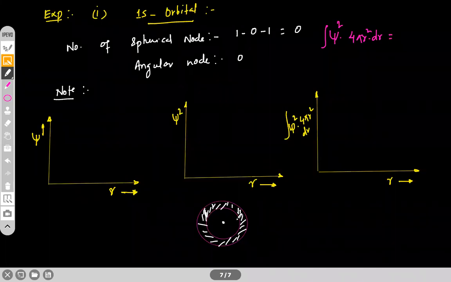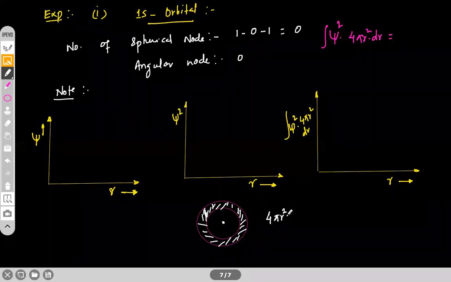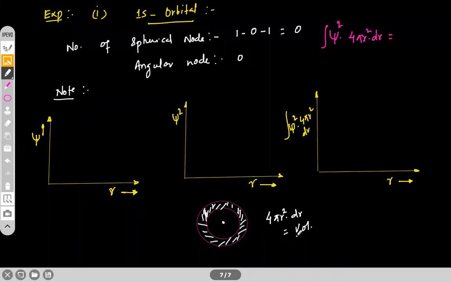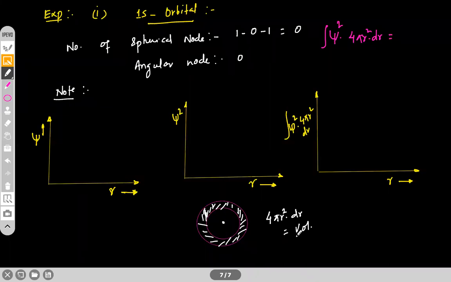The thickness is dr and the surface area is 4 pi r square. So 4 pi r square, the surface area of this sphere, into the thickness of the sphere, dr, becomes the volume of the sphere. Would you agree? So this psi square into 4 pi r square dr is the volume.